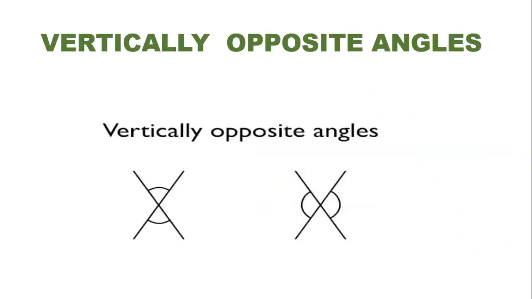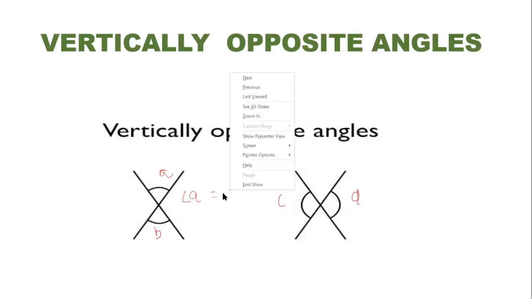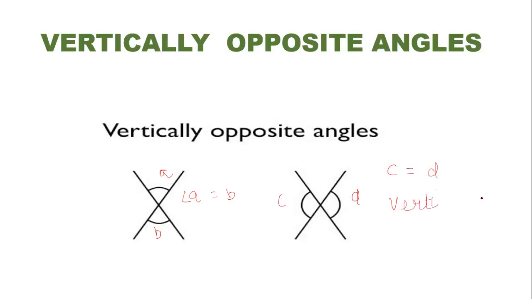Vertically opposite angles. Vertically opposite angles is when two straight lines cut each other like this, and we can take this angle as A, this is B, this is C and this is D. So angle A is equal to B, C is equal to D because they are vertically opposite angles.